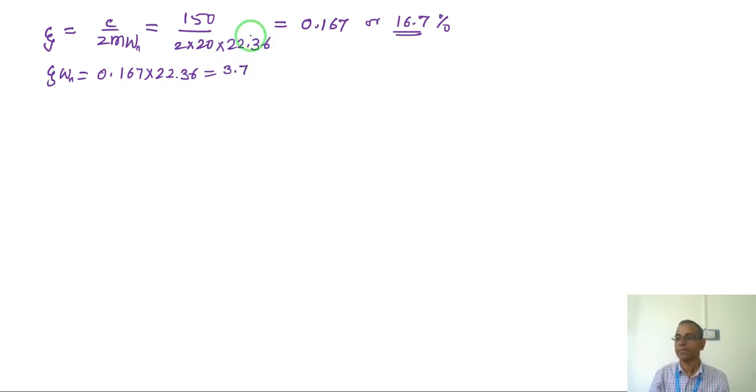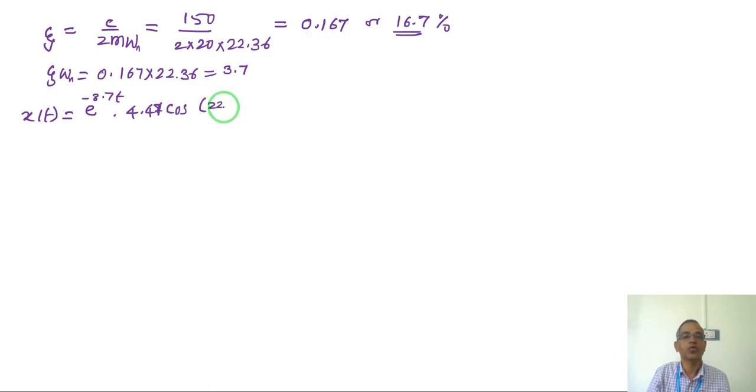Now substituting into the response, which is x of t as e to the power of minus xi omega n t, means minus 3.7 t, into rho, which we got as the amplitude, 4.47, into cos of omega t minus phi.